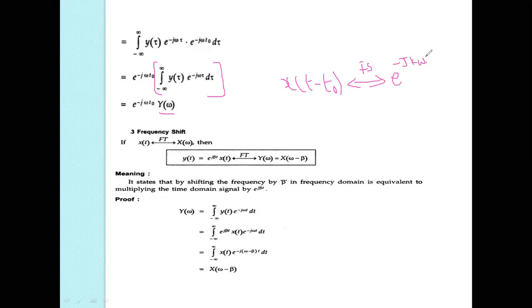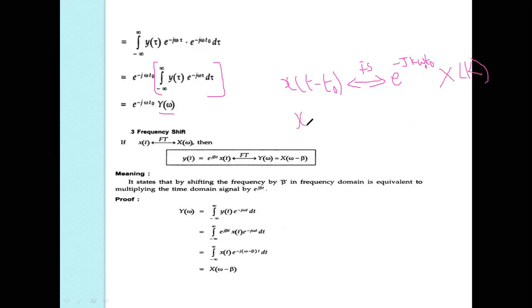So the same thing we have in the Fourier series also. What is the Fourier series saying? That x of t minus t naught, the Fourier series, is e power minus j k omega into t naught, x of k.